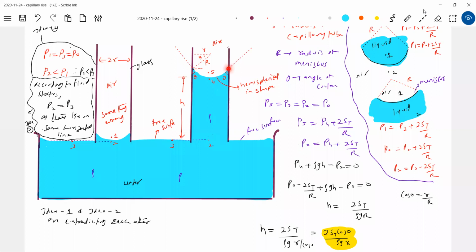There's a solid, there's a liquid, and the tangent is drawn and we measure this angle inside. So this should be the angle of contact. If you want, you can write theta here also. So this is nothing but the force exerted by the capillary tube on the meniscus. Any doubts? If you have, you can clarify, because all numericals revolve around this one.